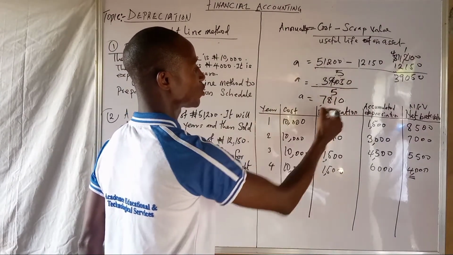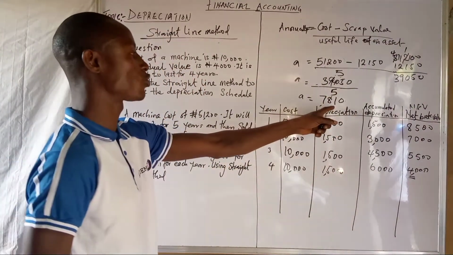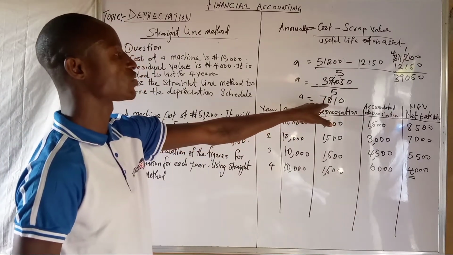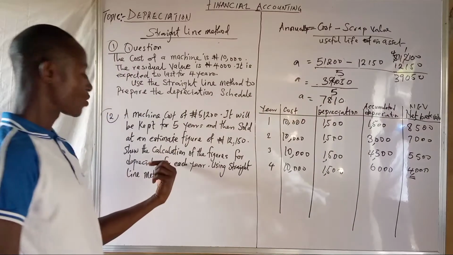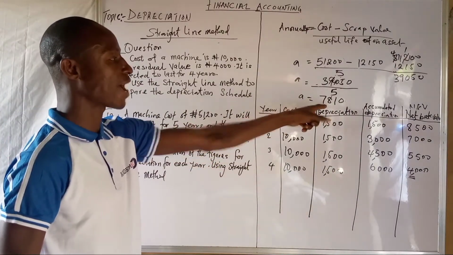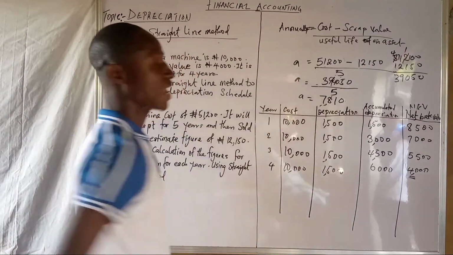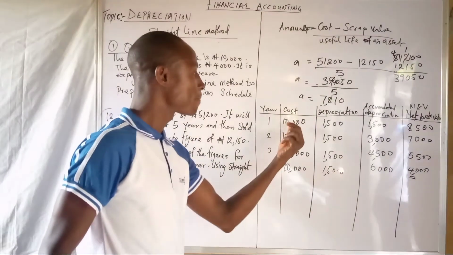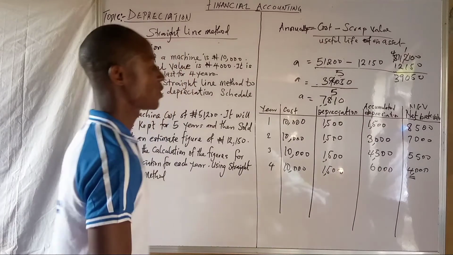This 0 is coming to replace this place. So it means that yearly we are going to charge the straight line method based on this question at the rate of 7,810 naira.